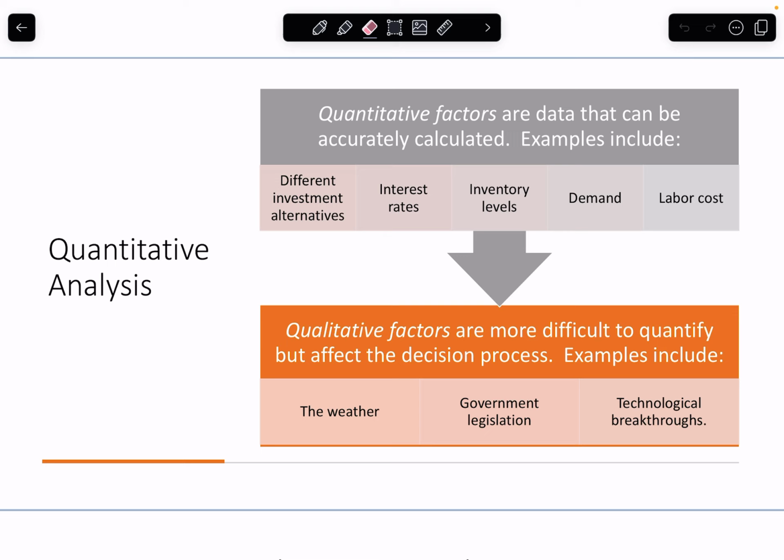The first one would be different investment alternatives. For example, if I have this amount of money, will it be good if I invest it in the stock exchange, or am I just going to invest it in the bank?